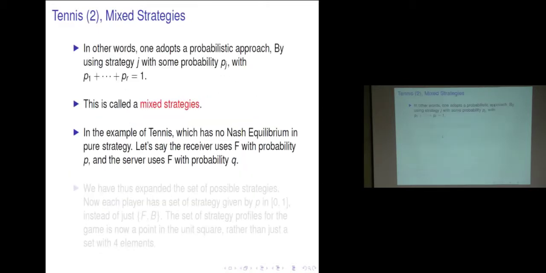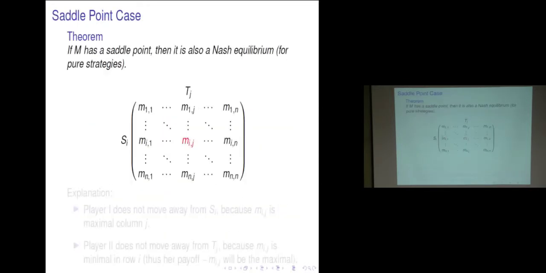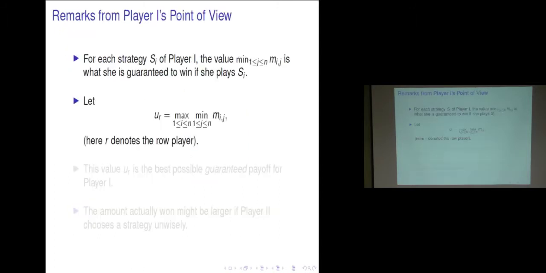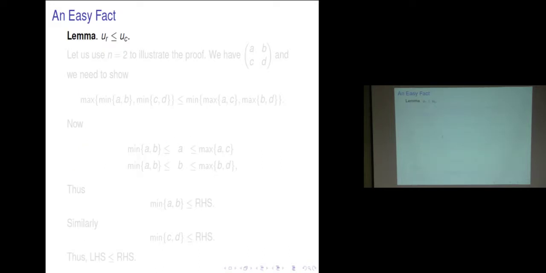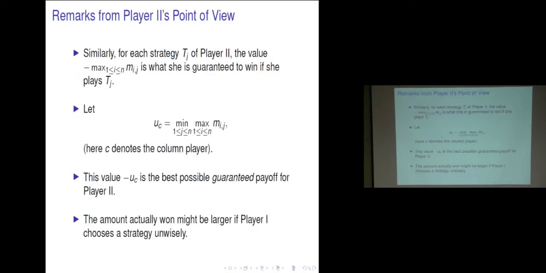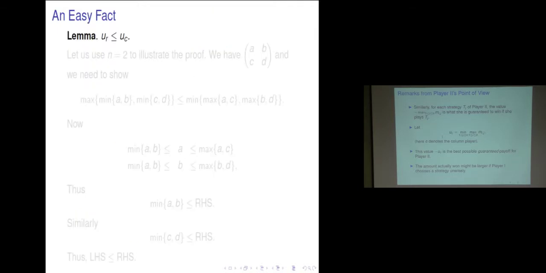Okay, now let's move to here. So we have these 2 numbers. One takes max min, the other takes min max. The general relation is that the max min is less than or equal to the min max.